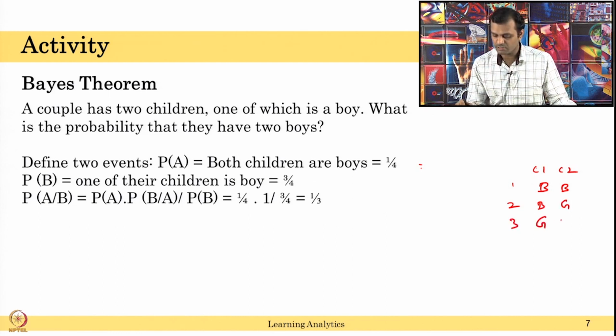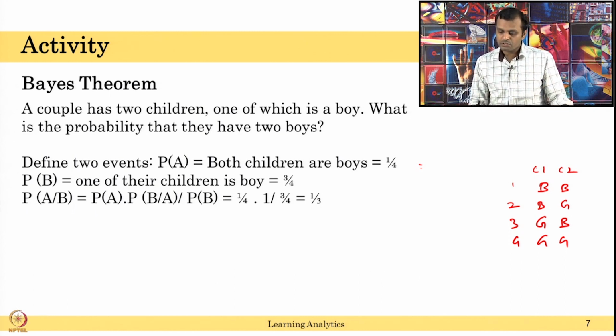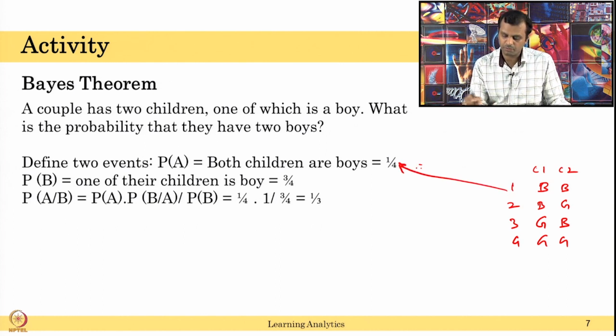Third is first child girl, second child boy, fourth is both children are girls. So, the event space has only these 4 events possible, and I said that there is a first and second child and they are not twins. Given there are 4 possible outcomes, both being boys is 1, that is why it is 1 by 4.